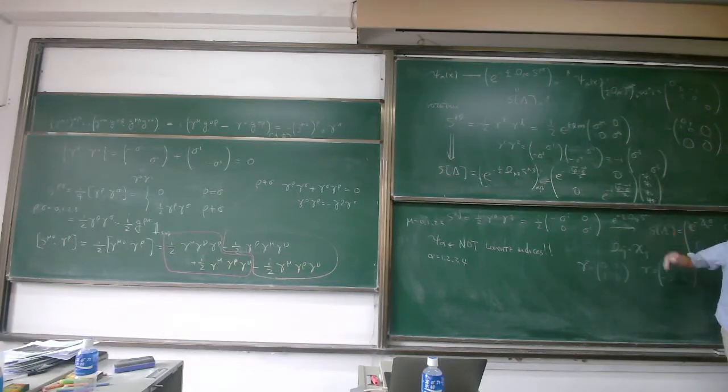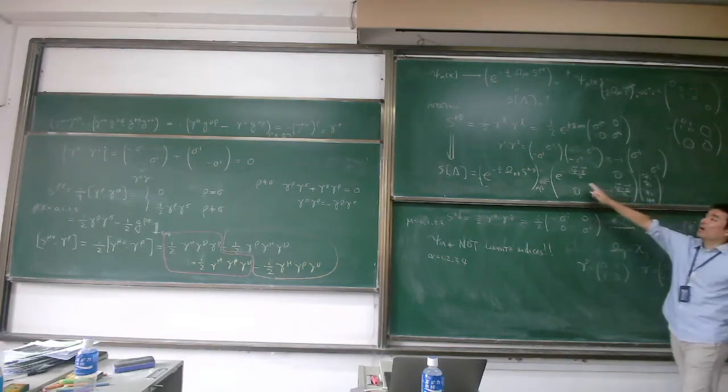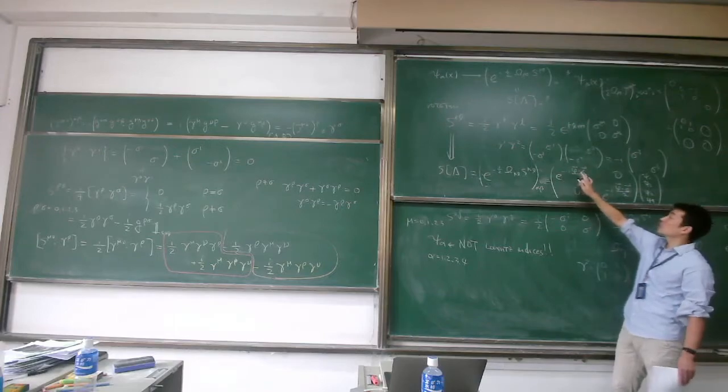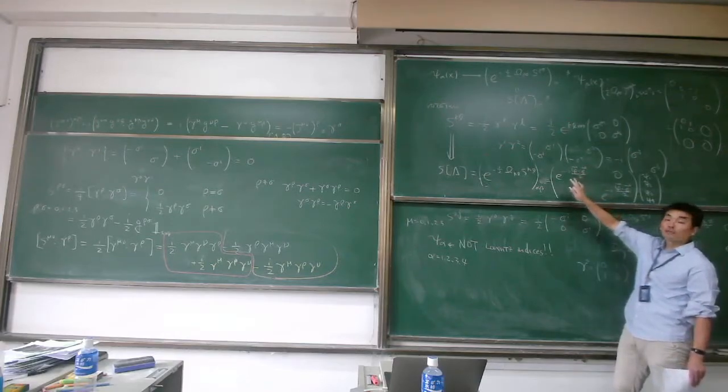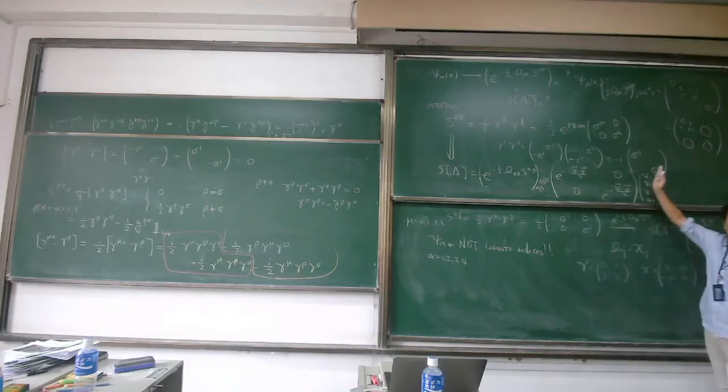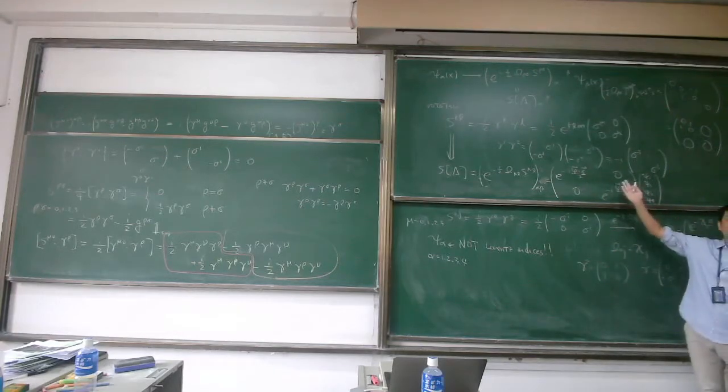We should treat this field psi as a complex field, because otherwise it doesn't make sense: here i appears, and sigma also has an imaginary component. Therefore this is a complex matrix, and the vector which receives the action of a complex matrix should be complex.